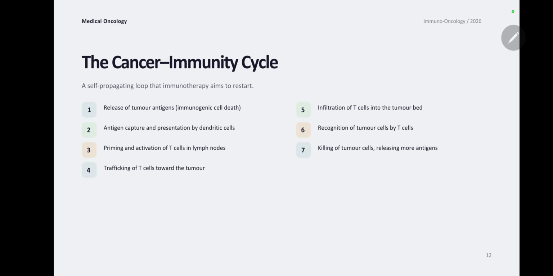First of all, when any tumor releases antigen, the dendritic cell captures this antigen and presents it to the T cell, and the T cell is activated and primed, and then the T cell traffics toward the tumor, infiltrates the tumor, and then the T cell recognizes this tumor cell and kills the cell.